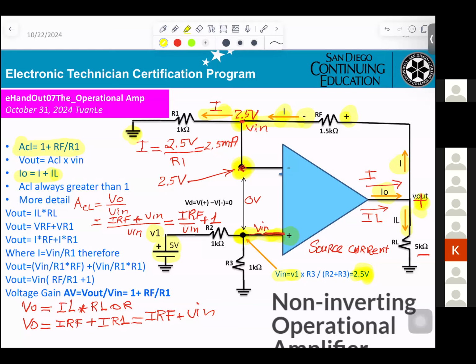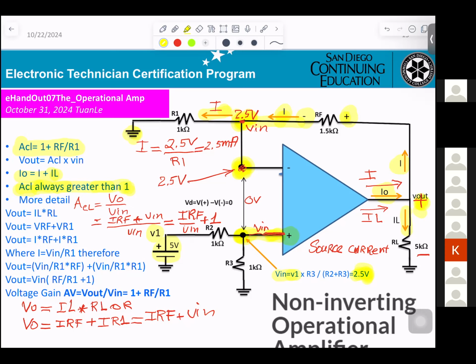They said ACL is always greater than 1, because the thing is 1 plus something. VL equals VRF plus VR1, or equal to I times RF plus I times R1.